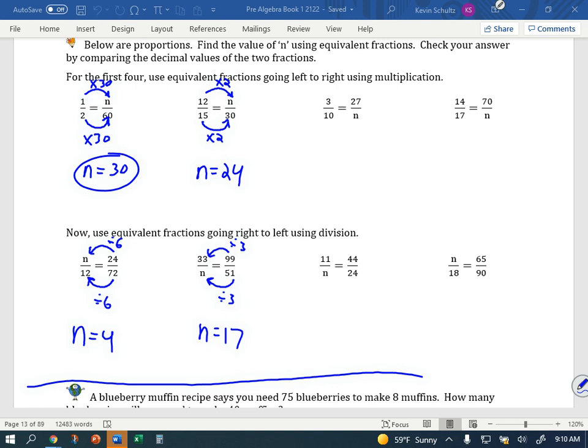On the second page, I need to see the work that you do. If you use cross products, show me the cross products. If you use equivalent fractions with the arrows, show me exactly what I did here. Okay, do not just put an answer down. I need to see more than that.